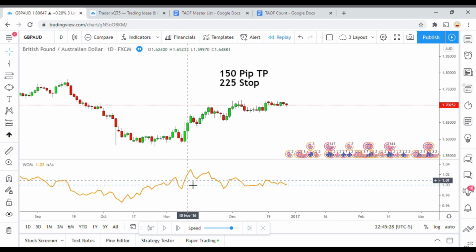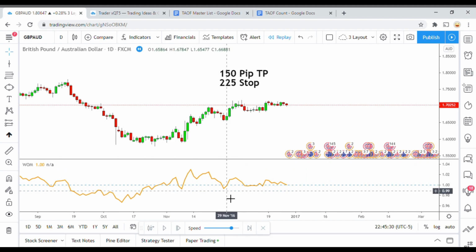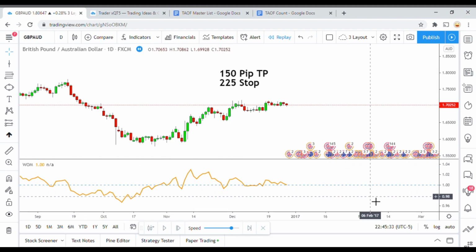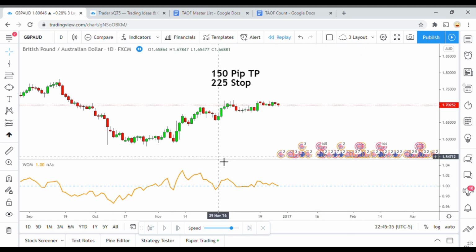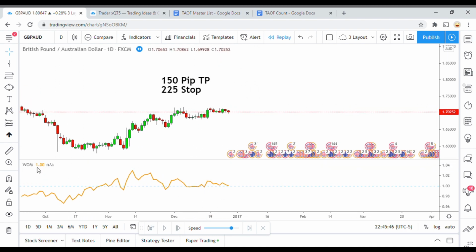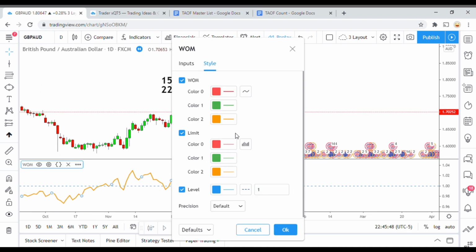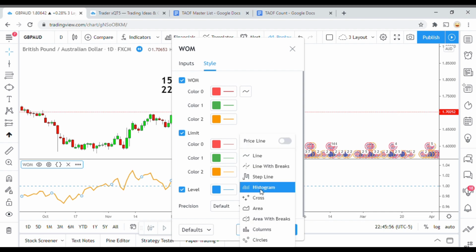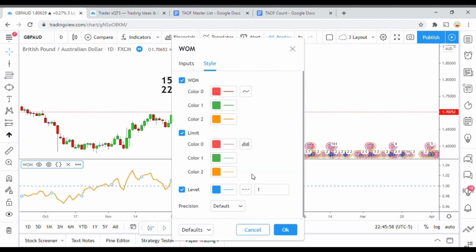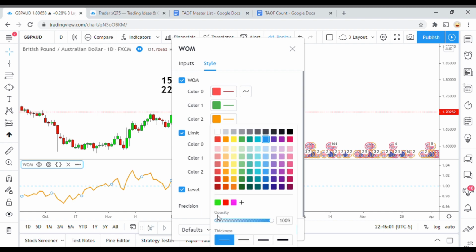But yeah, that's another interesting little feature that I haven't really seen in action yet. I saw it on the page where the creator listed the indicator and gave a preview of how it looks. That's the reason I mentioned it, because that's what this is right here. You see this little limit button right here, and it's set to histogram, and so it spikes these little histograms. It's kind of interesting.